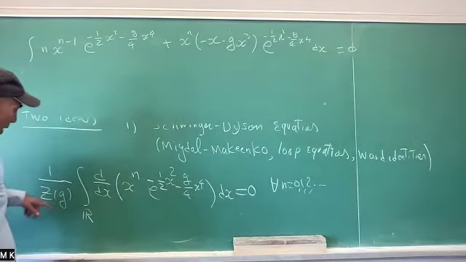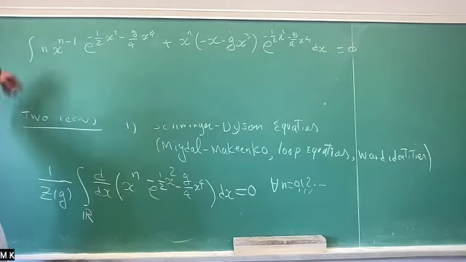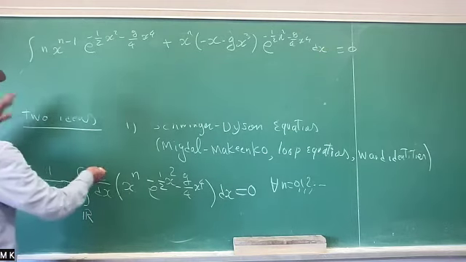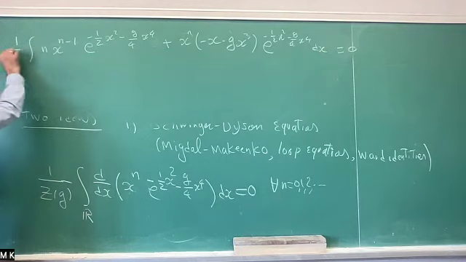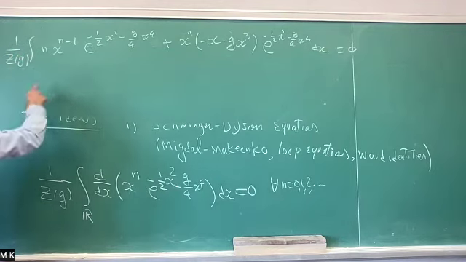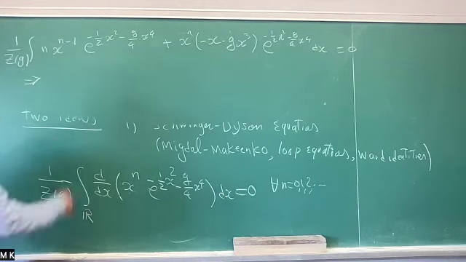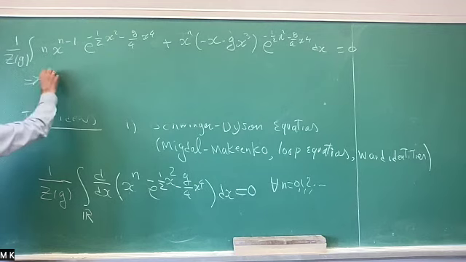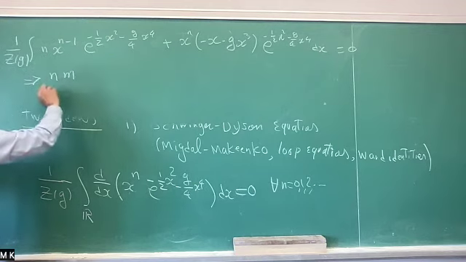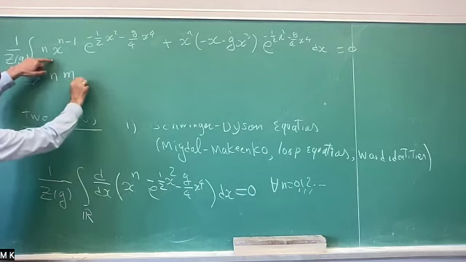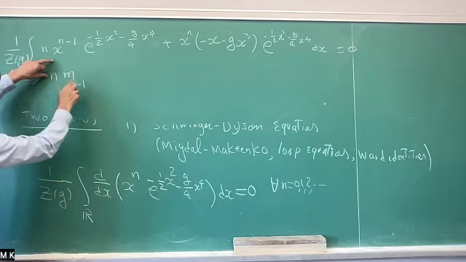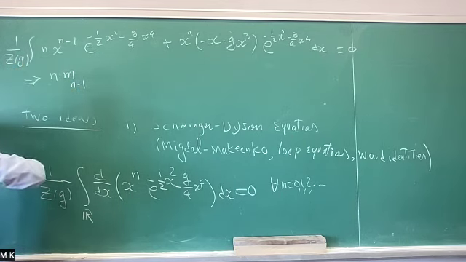I can divide this by Z(g) if needed. That's okay. So let me keep it here. I don't have to, because I need them. Okay, so this implies that n minus 1, you've got M_{n-1}.